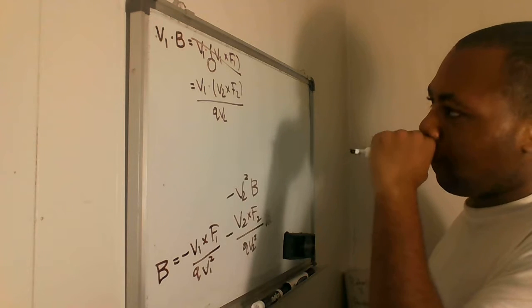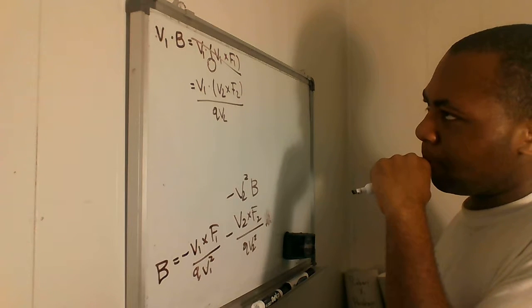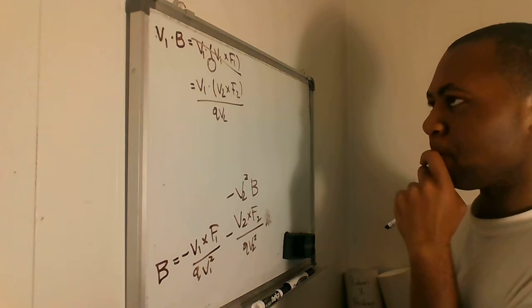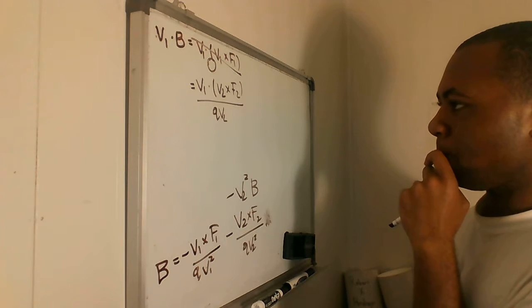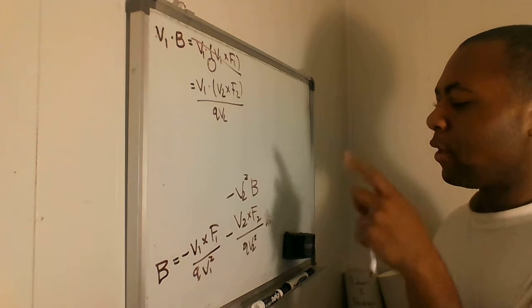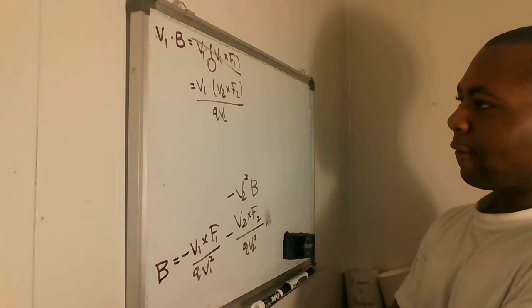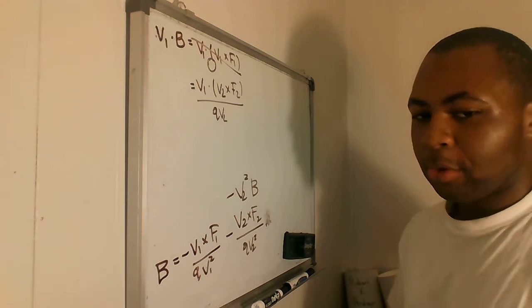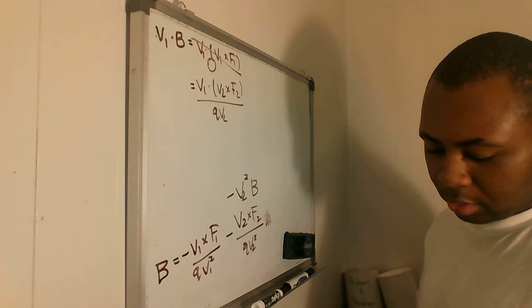We got a dot product with a cross product. It's going to come to me. We can always go back and look at our relations and see exactly how that'll help us, if at all.